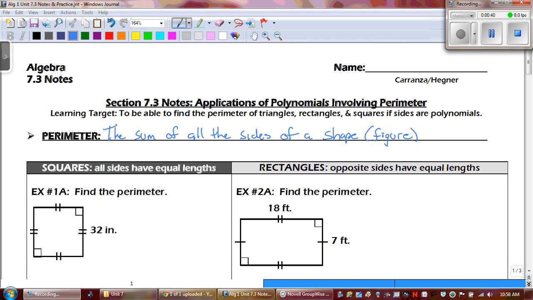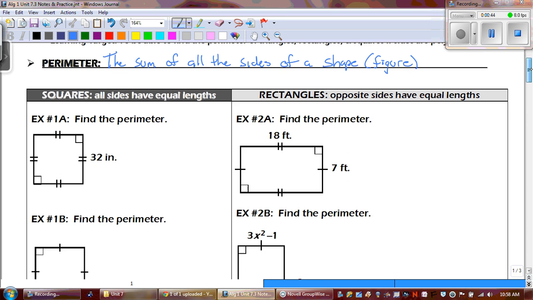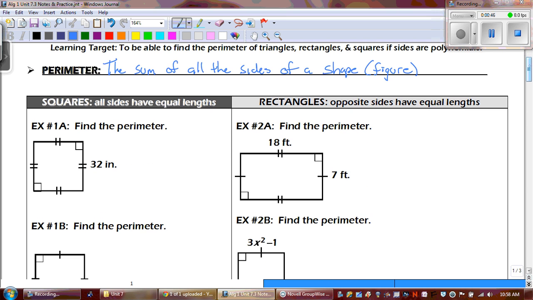Okay? So example 1a, the perimeter of a square. Now, remember that in a square, all the sides are the same. And if you notice these marks, anywhere you see those marks, it means anything with that same mark is the exact same.